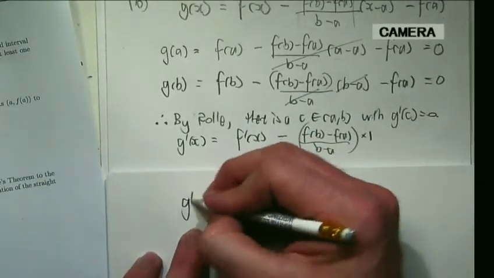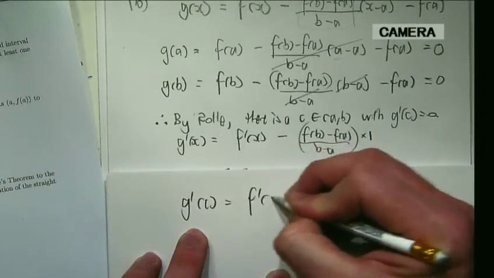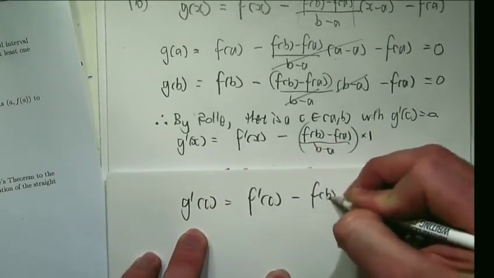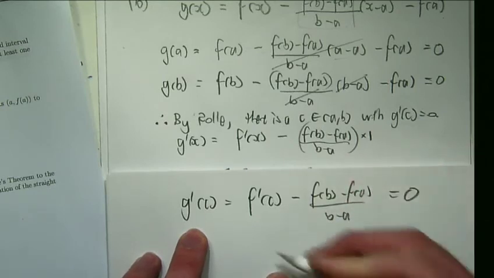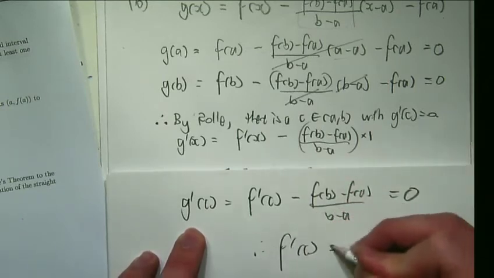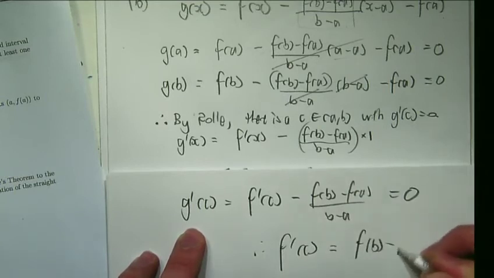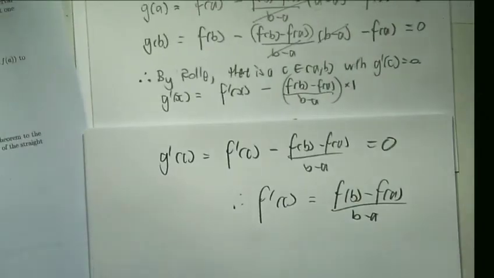So we have that g dashed c is f dashed c minus f of b minus f of a over b minus a, which is 0. So therefore f dash c equals f of b minus f of a over b minus a. Magic. And that's exactly what we wanted to show.